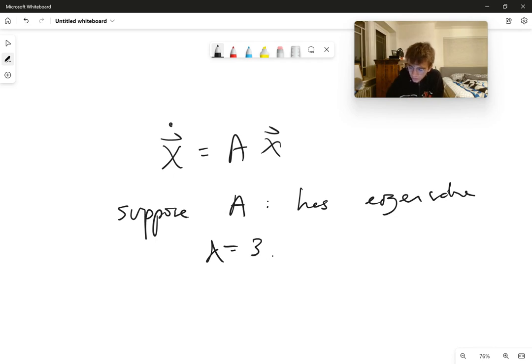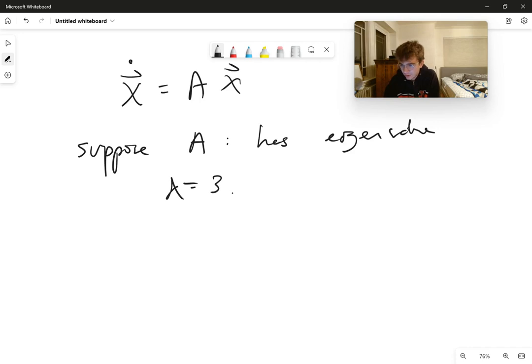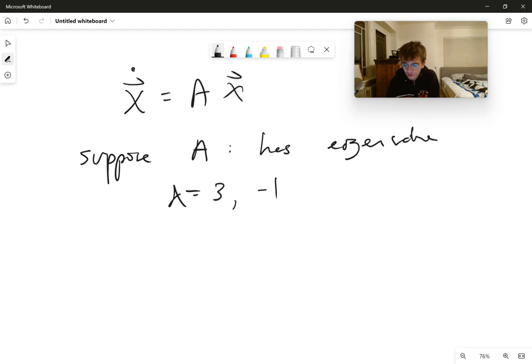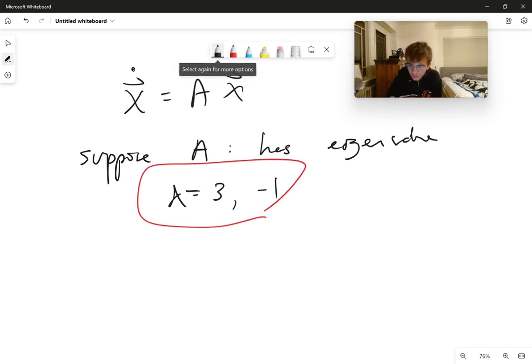Okay. So, let's just say it has eigenvalues of 3 and negative 1, for instance. Essentially, I claim that the solution to this system is in fact a linear combination of exponentials with exponent lambda.